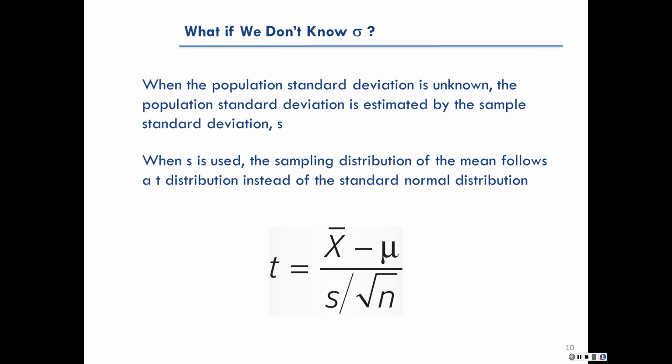It follows a T distribution instead. And so the T-score is computed a little differently than the Z-score, but not that much differently. The T-score is equal to the sample mean minus the population mean divided by the sample standard deviation, which is then also divided by the square root of the sample size n.